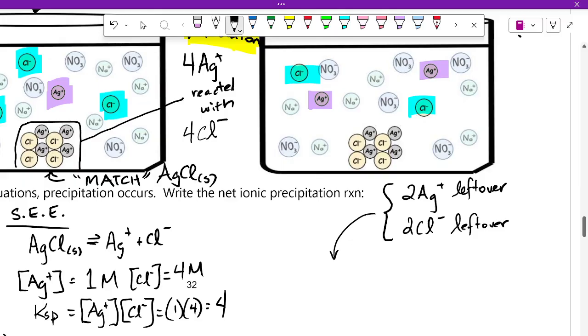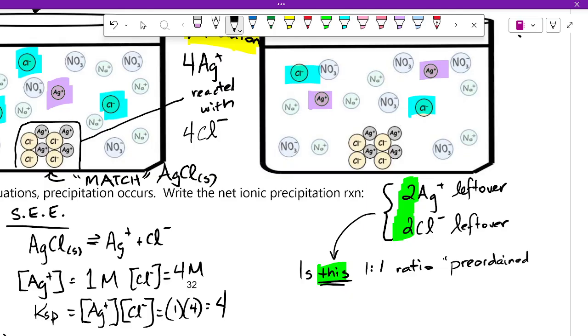Is this one-to-one ratio? This one here. Or 2-to-2 ratio. And I'm going to use the same word I used in my morning class, preordained, which is a weird word to use. In other words, does it have to be that way?